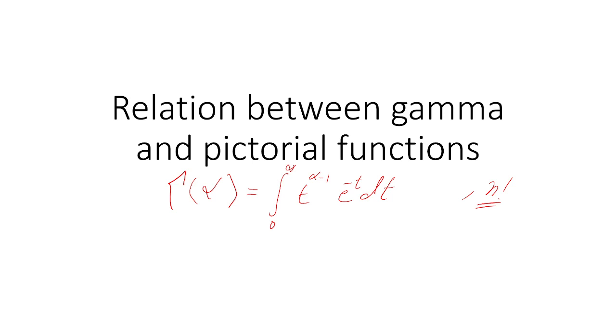Okay. So first we want to find gamma of 1 plus n, and we have to show this is equal to n factorial, this relationship.